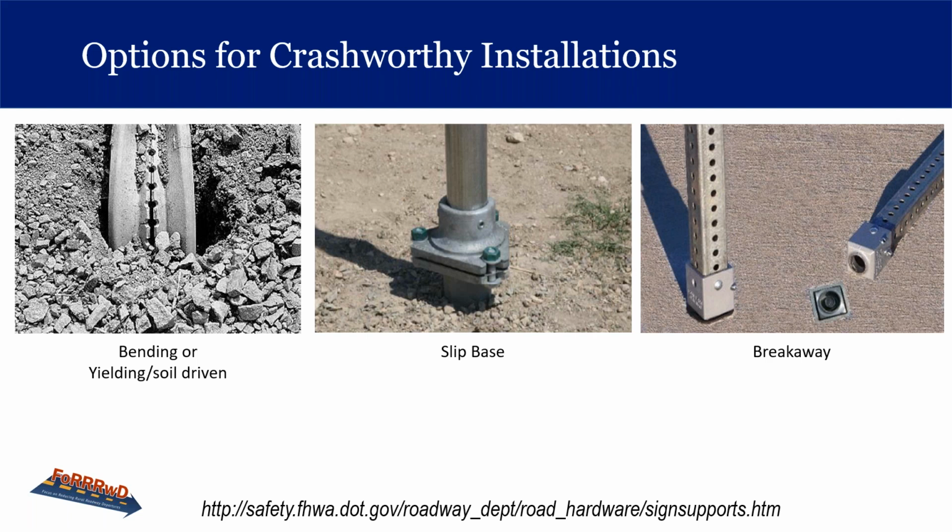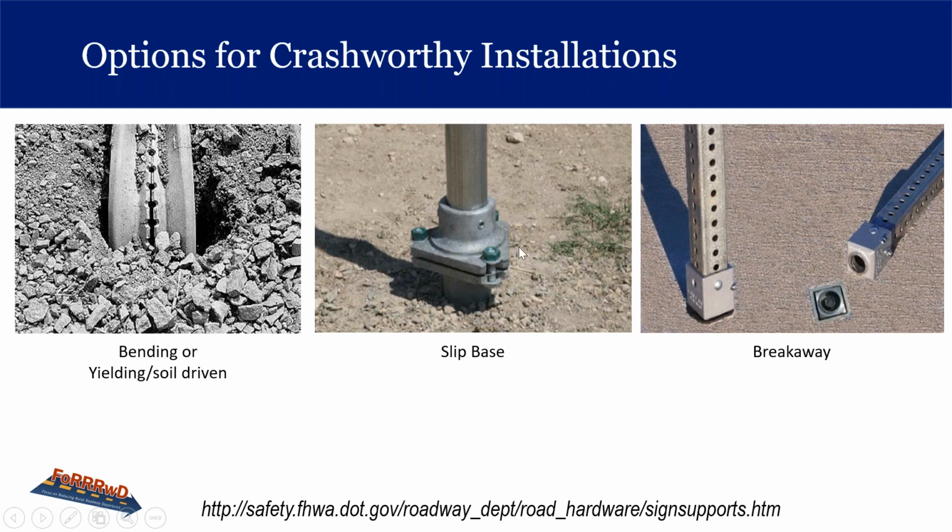And then in the second picture, we have a slip base, and we can use those for lightweight structural steel, number 3 or less. So that's just the typical breakaway right there. These screws have a shear force.